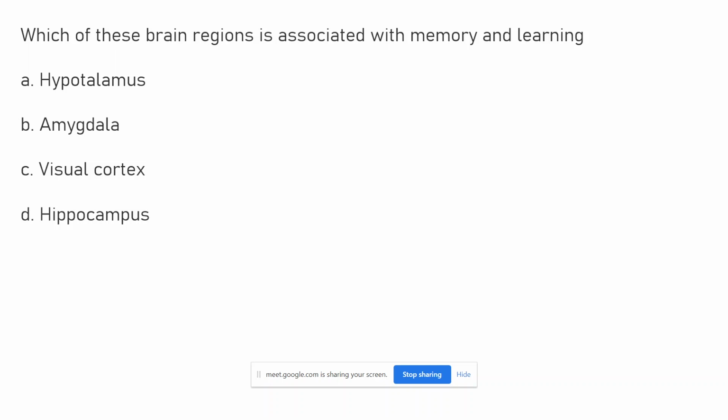Now moving to the next question, which is which of these brain regions is associated with memory and learning?